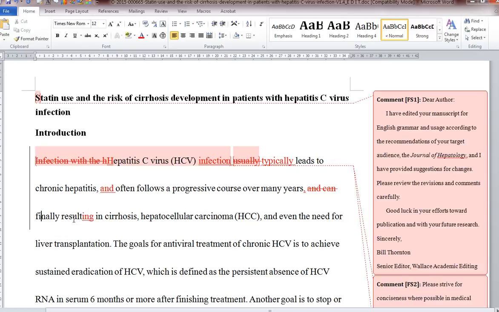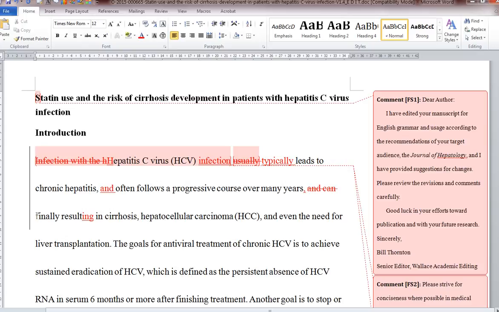We don't need the finally resulting. But I have another problem with finally. It connotes that it's the end, and in this statement, finally resulting in cirrhosis and a carcinoma and liver transplantation. This is maybe the end of hepatitis C infection, but it's not the end for the patient.